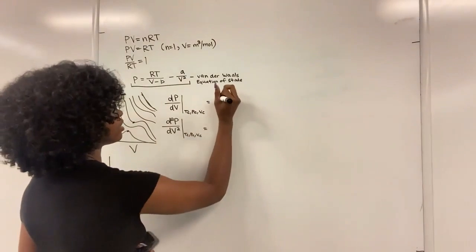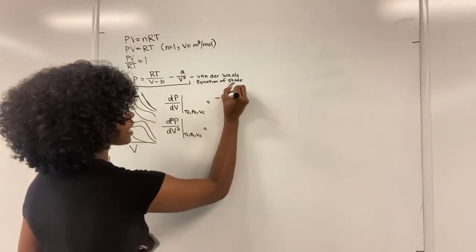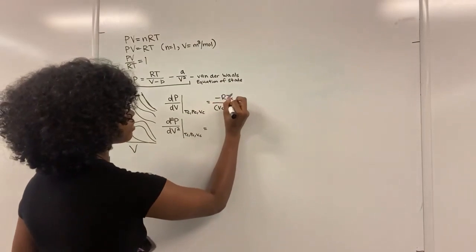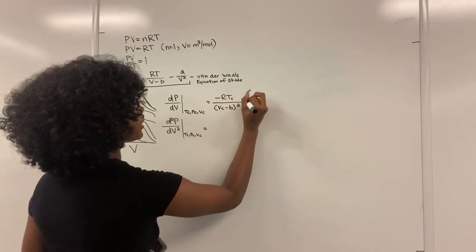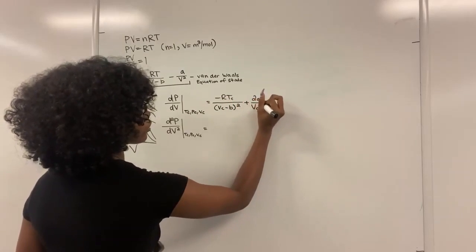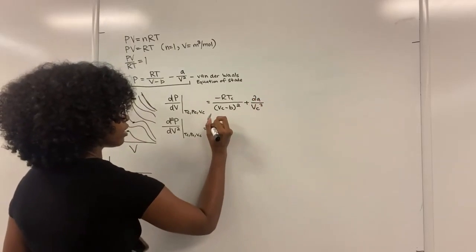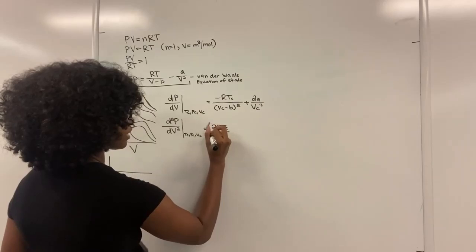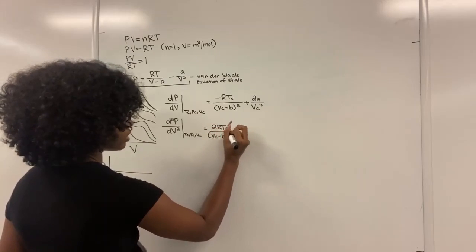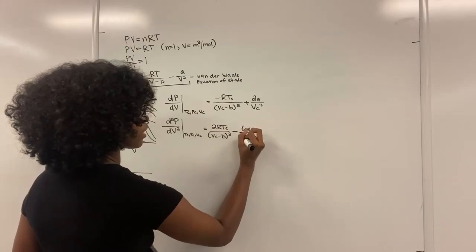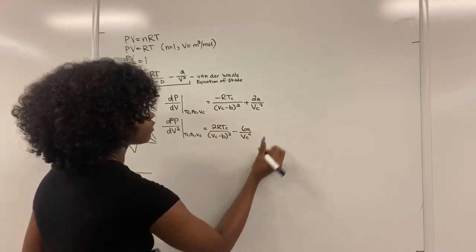So this equation becomes negative R times the critical temperature divided by the critical volume minus B squared plus 2A divided by the critical volume cubed, and 2R times the critical temperature divided by the critical volume minus B cubed minus 6A divided by the critical volume to the fourth.